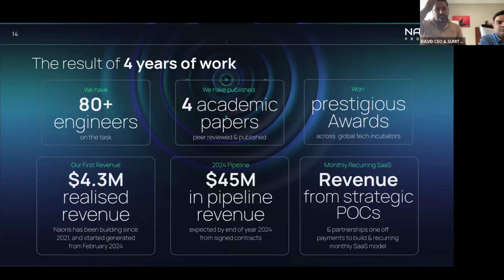So Sumit, do you want to go over the things that we have achieved in the last 4 years? Yeah, of course. Thank you, David. From the team perspective, we have grown to 80 plus engineers now, spread across the globe. We have 4 academic papers which are already published and available online. We are working on the fourth one currently, which is coming soon.